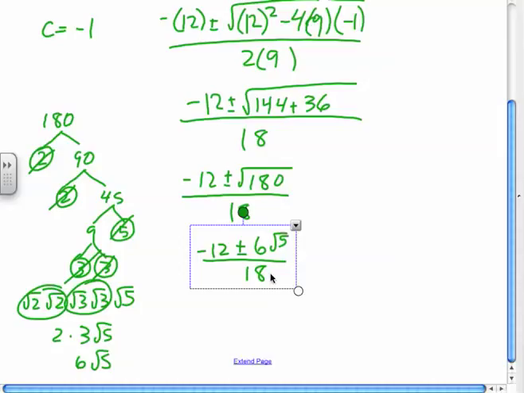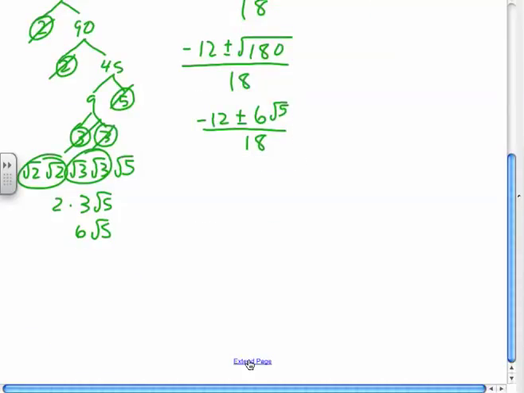Paul? 2 goes into it, but that's not the biggest one. I want the biggest one that goes into all of them, Hector. 3. Not 3. Paul? 6 goes into all of them. 6 into negative 12 goes negative 2 times. 6 goes into 6 just once, so that just leaves us with root 5. And then 6 goes into 18 3 times.